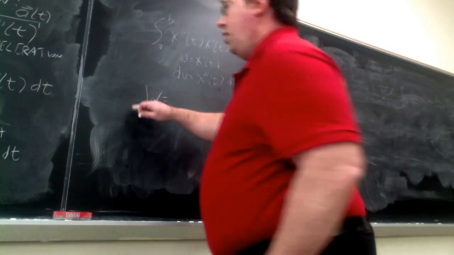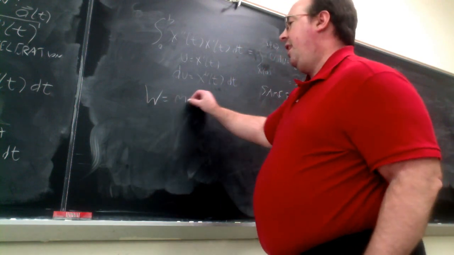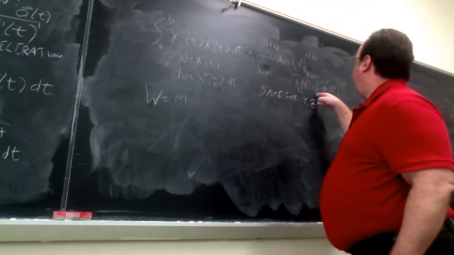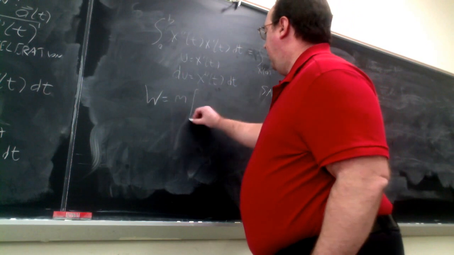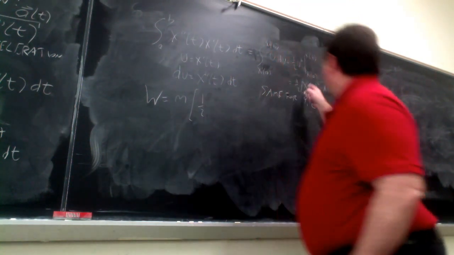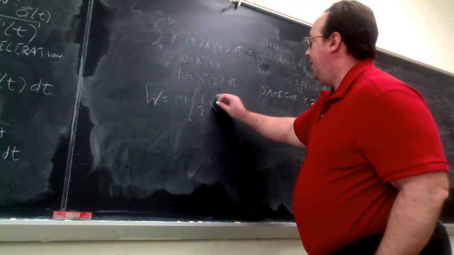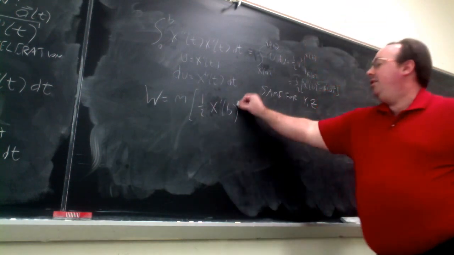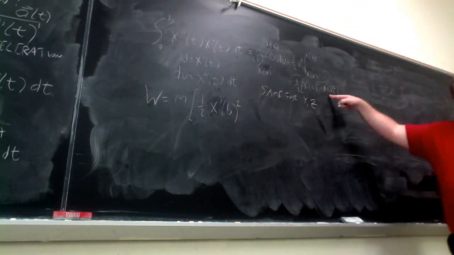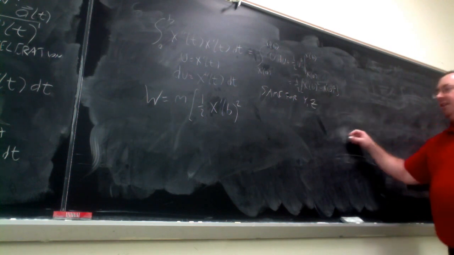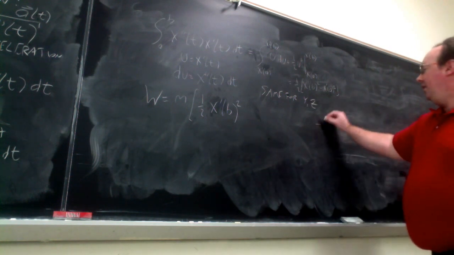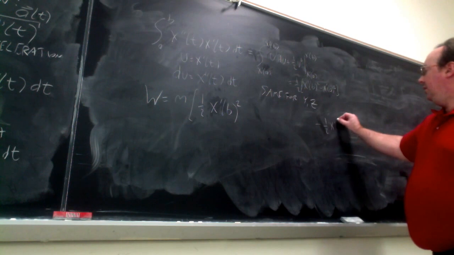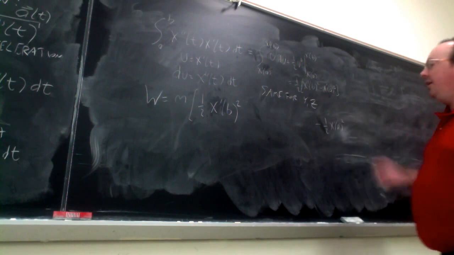So your work is now going to be, there'll still be m. So from the first one, I have 1/2, and I have x prime of b squared. Now I'm going to hold off on writing these. I'll put them in later. I'll just move it down here. Okay.